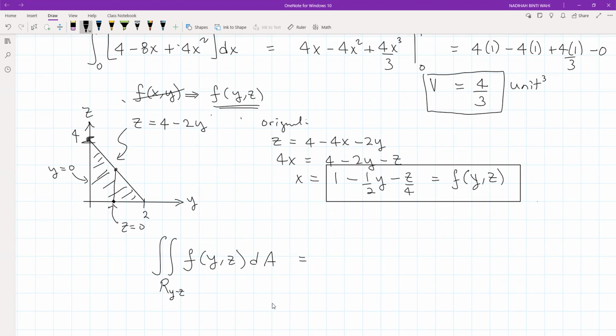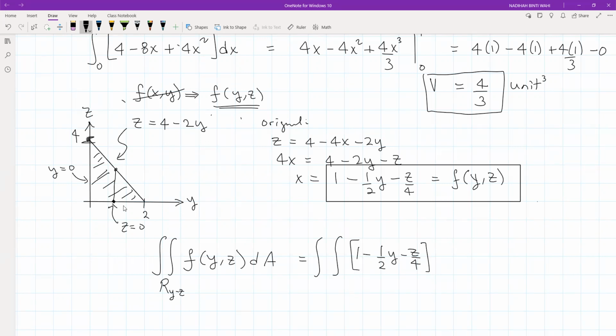And then this equals to, so we need to define the upper and lower limit for the integral. So Fyz is given by 1 minus 1 half y minus z over 4.